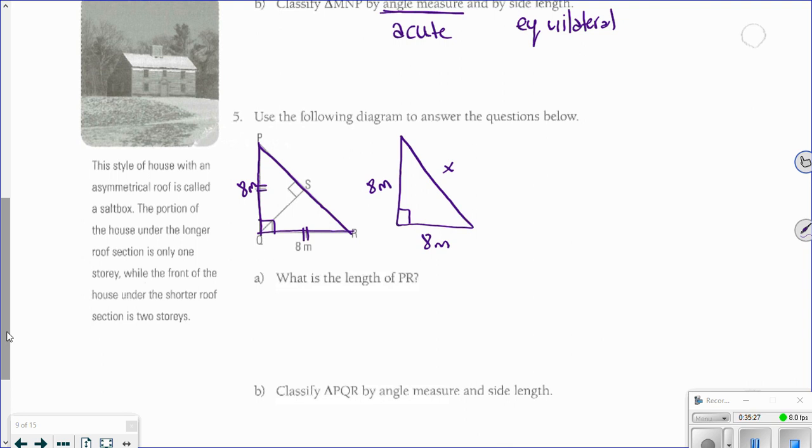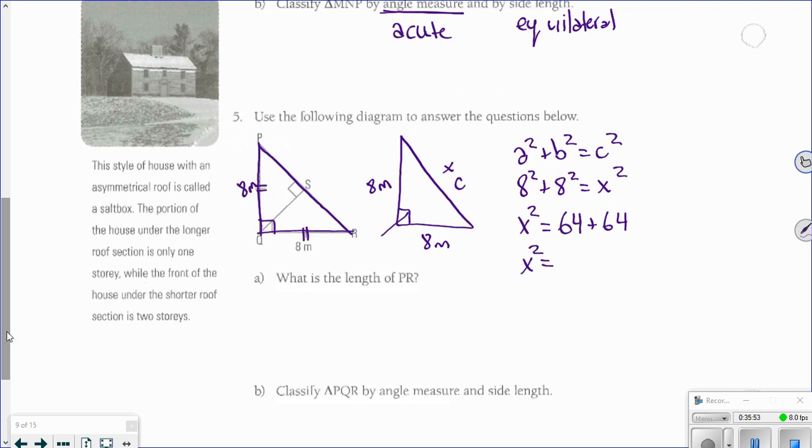Since it's a big right triangle, I can use Pythagorean theorem. This is going to be my C side. So a squared plus b squared equals c squared. So 8 squared plus 8 squared equals x squared. X squared equals 64 plus 64.